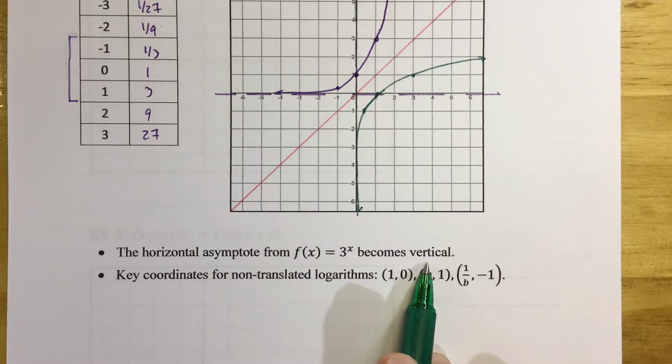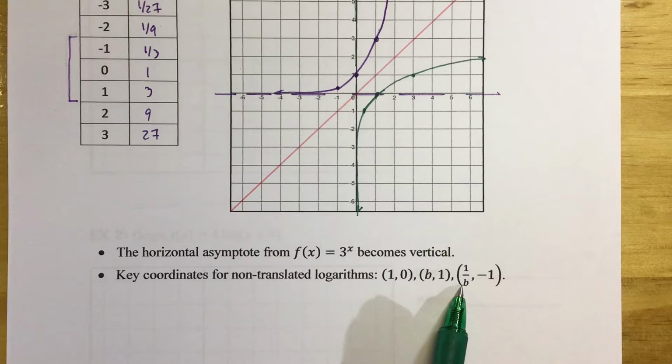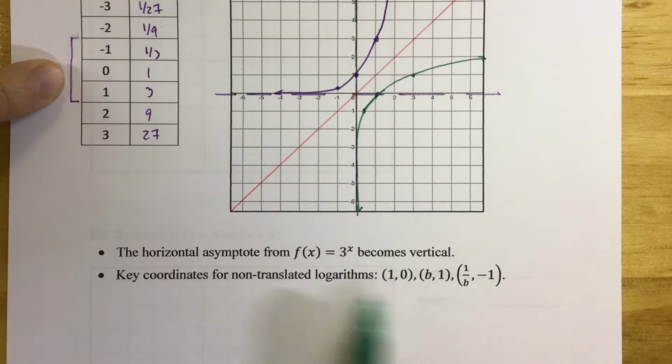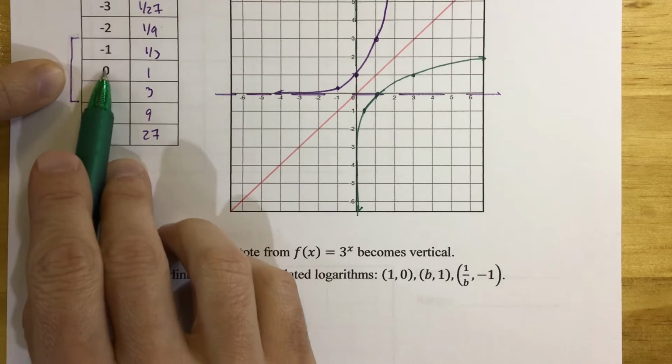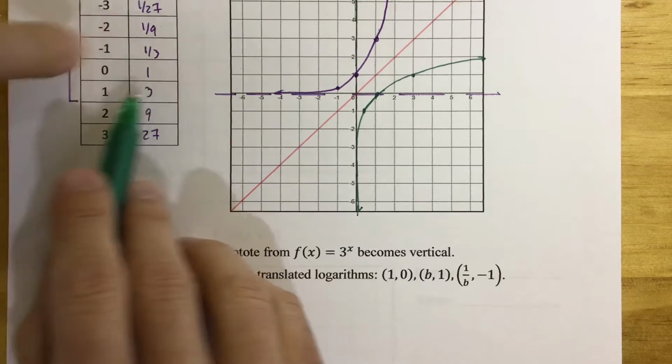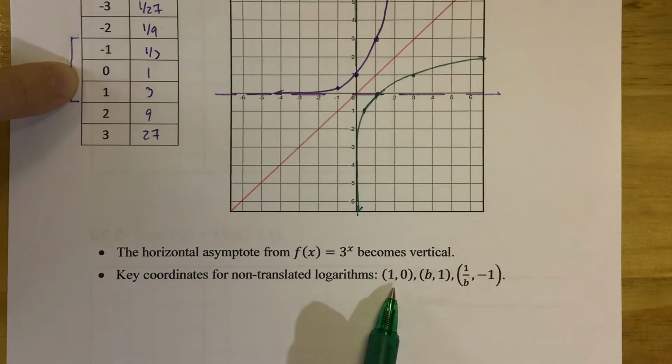That's important. Next, these are 3 key coordinates that you can use almost all the time to graph, and they're the same 3 that I've identified over here. In your exponential, we always had 0, like you use 0 as your power, you got back 1. That means that you can just flip-flop that and it becomes a coordinate for any logarithm.